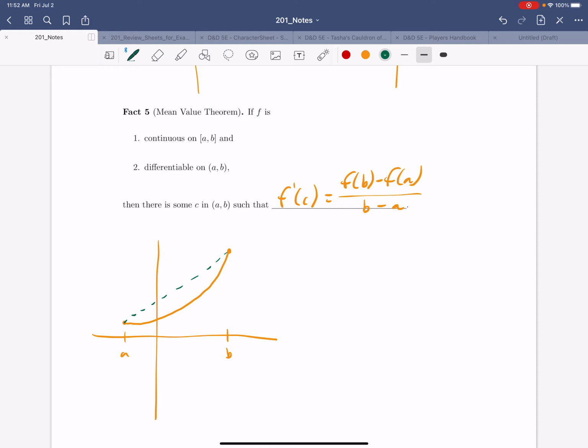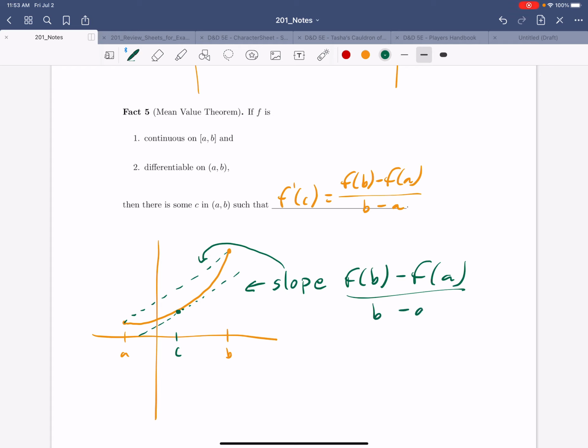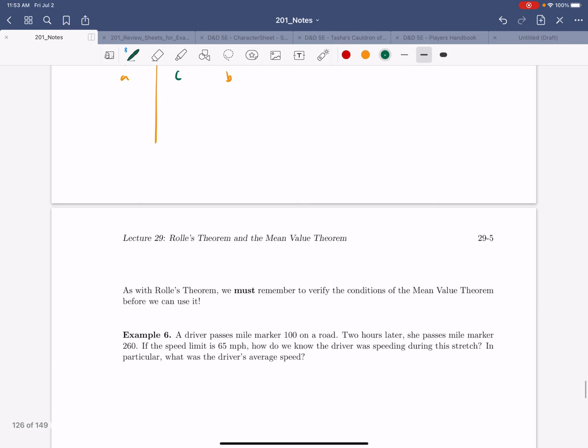Well, sure enough, there's some point c, maybe it's like here or so, where the tangent line is parallel to the secant line. It's always the case. Note that we're not requiring that f of b equal f of a, but if f of b does equal f of a, then it's just going to be 0, right? Then you've got Rolle's theorem.